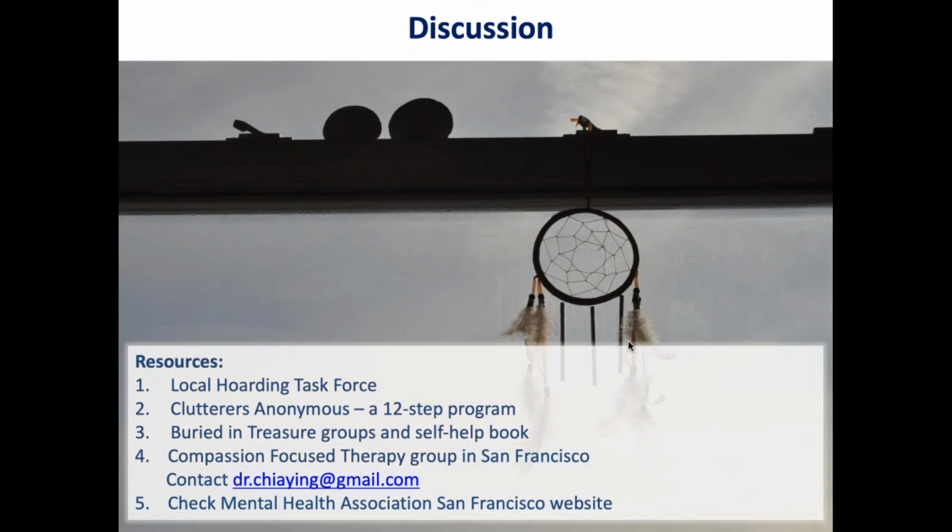A lot of times when we look at hoarding disorder and think about how to address this issue, we are looking at the things, but that's missing the real target. The things are just a manifestation of what's going on inside the individual.